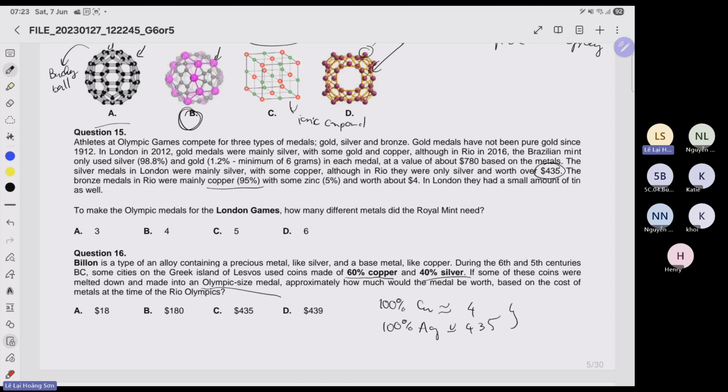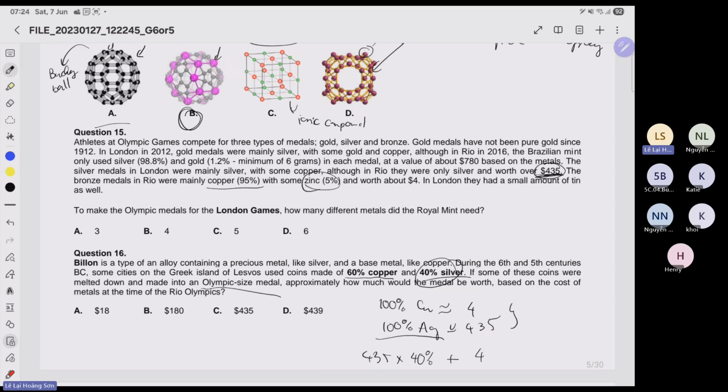So you now have the price, and now we move on to do the calculation. Okay, let me open my calculator. 435 multiplied by the percent of silver. When you have 100% silver, based on the information that you have, it will cost you $435, right? Now you just use 40%. So 435 multiplied by 40%, right? And you add the price of copper. When you make the metal completely from copper, it will cost you roughly $4.